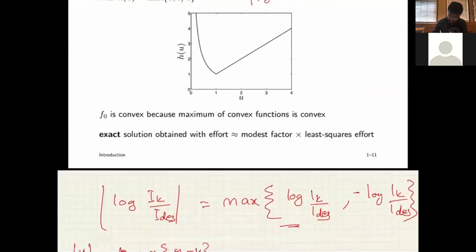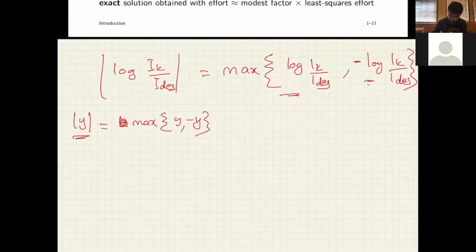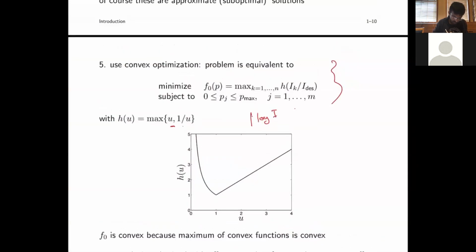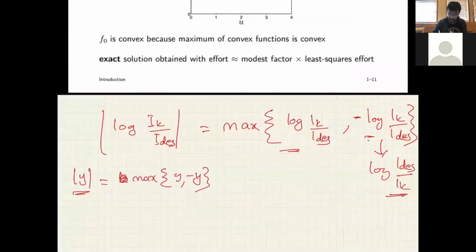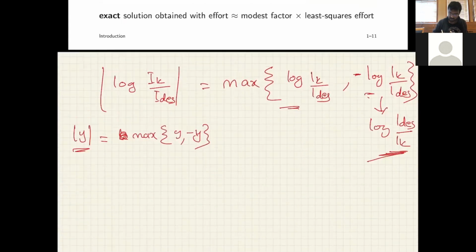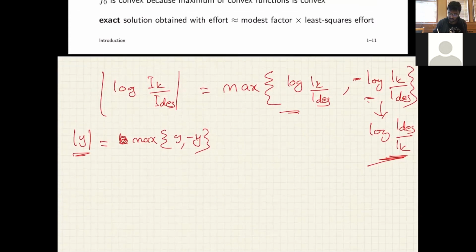And what is this? When you have a minus here, you can just invert that, right? This will be log I dz by ik. Okay, so that's why it is u and 1 by u here. Max of it is in this form. You can check later. Now I gave you the hint how you are getting it. Since this minus is there, log is there, I dz by s.